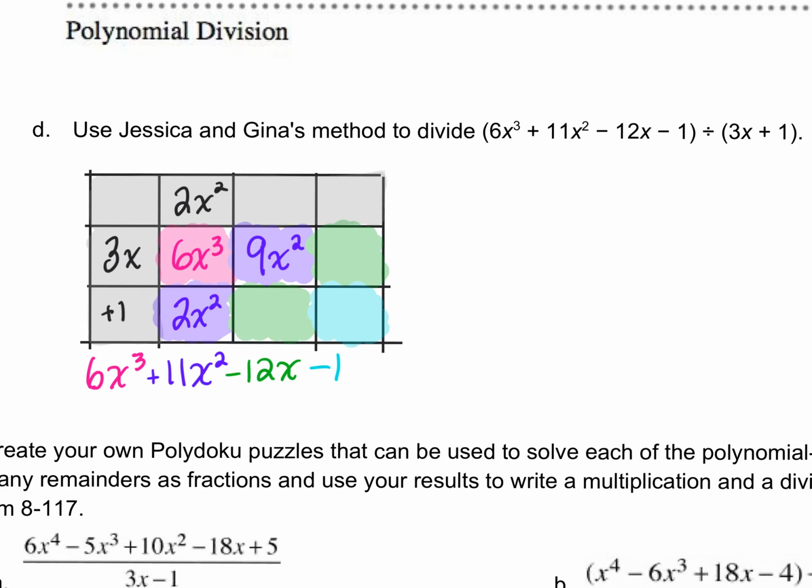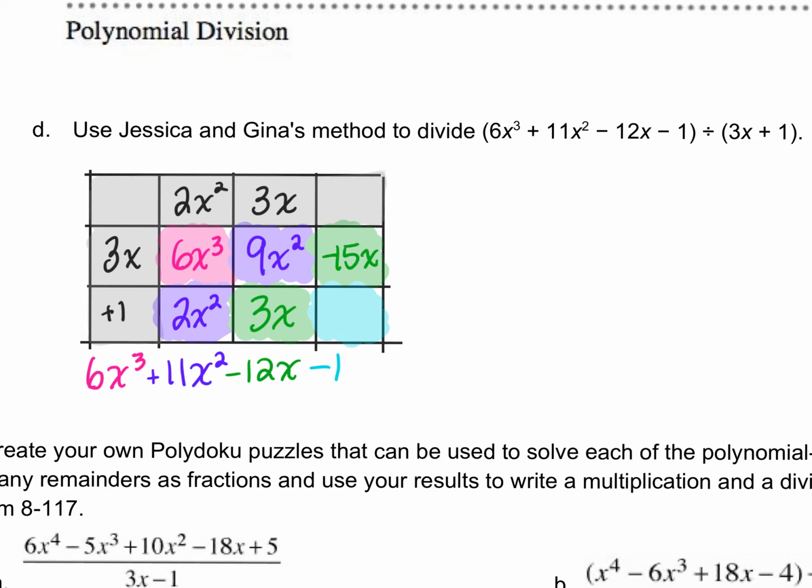And then I have to ask myself, okay, well, what do I multiply 3x by to get 9x squared? Well, I know that has to be 3x. And then again, once you have that top column, the rest of it sort of falls in place. So 3x times 1 is just going to give me 3x. And then I ask myself, what do I add to 3x to get negative 12x? And that's an interesting one. And that actually ends up being negative 15x.